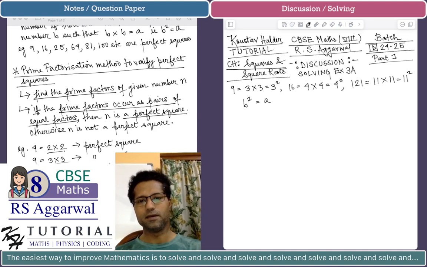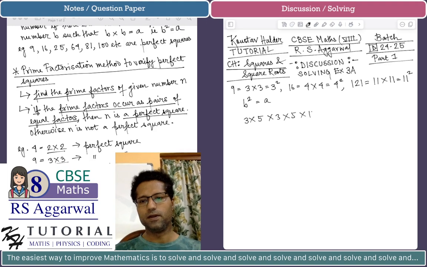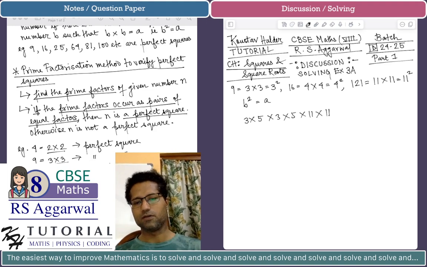For example, let's say the prime factorization of a number, I am randomly taking some prime factors, is 3 multiplied by 5 multiplied by 3 multiplied by 5 multiplied by 11 multiplied by 11. These are the prime factors of a given number. Now we have to create pairs of equal factors.